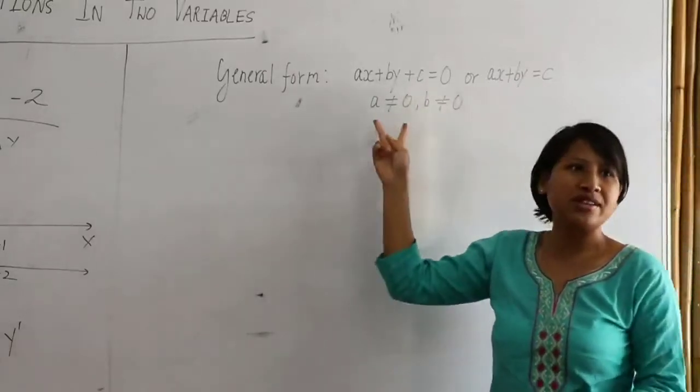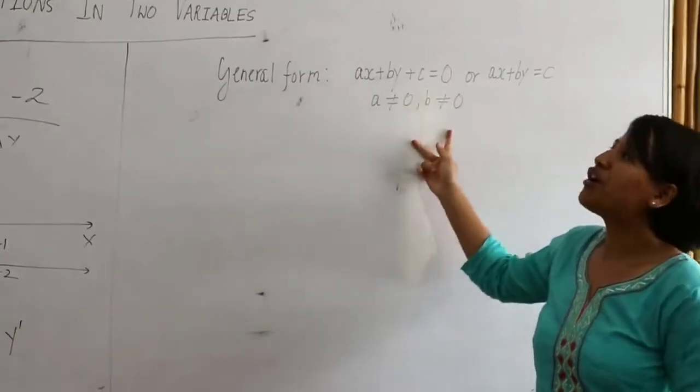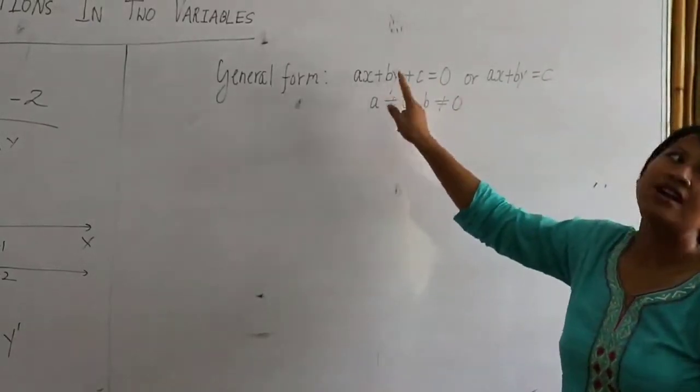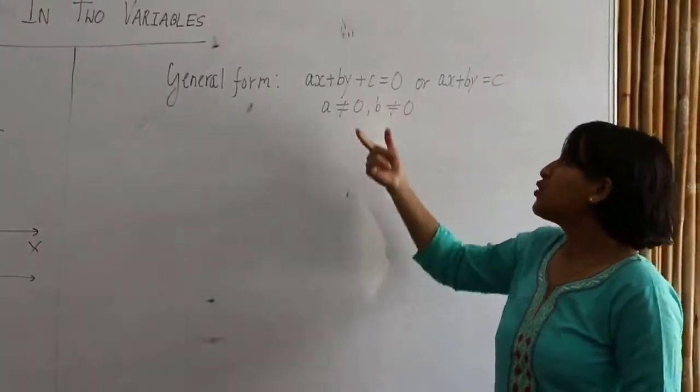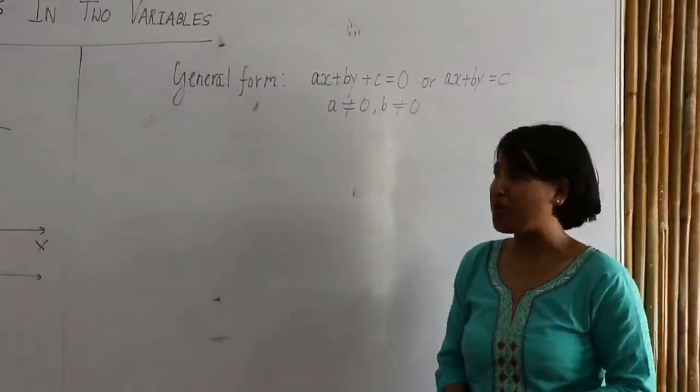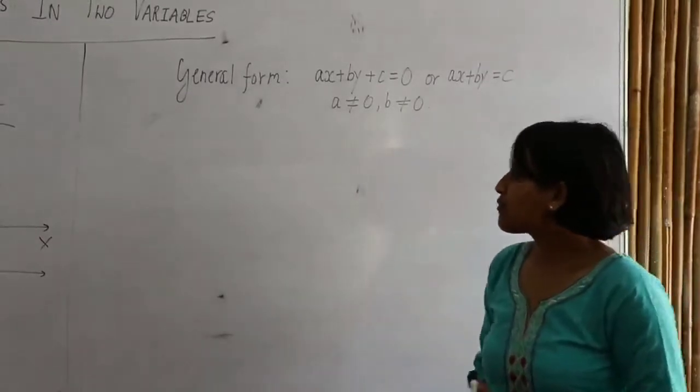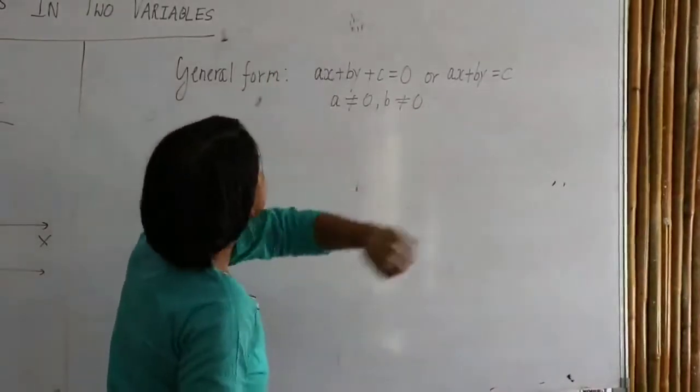If one of them is equal to 0, then it will no longer be a linear equation in two variables, however, in one variable. So both of them should not be 0. So this is the general form.